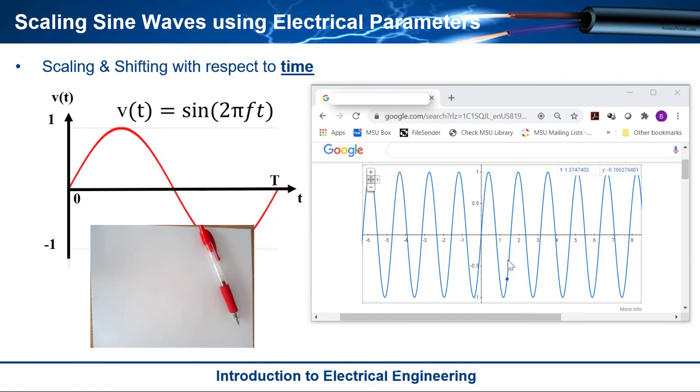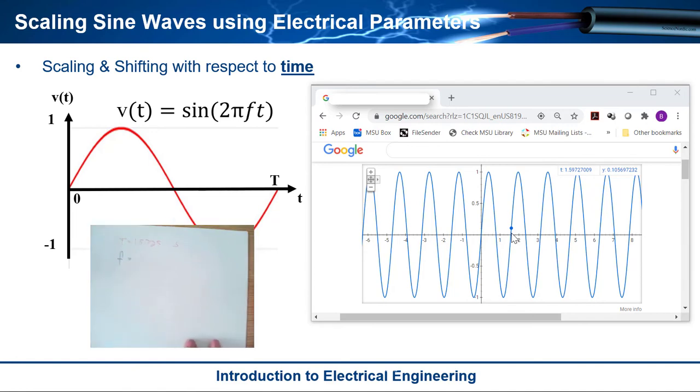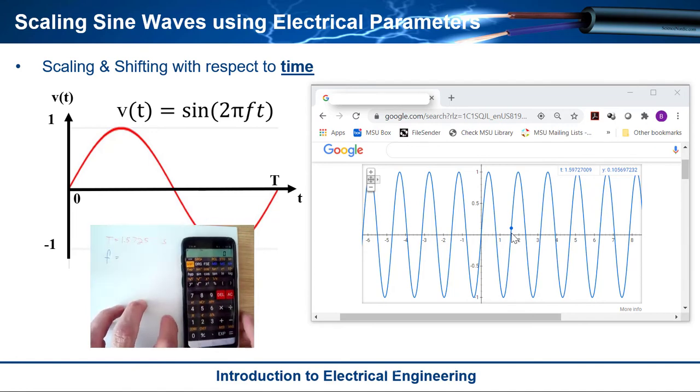One full cycle completes at about 1.5725, okay? So that means my period is equal to 1.5725 seconds.